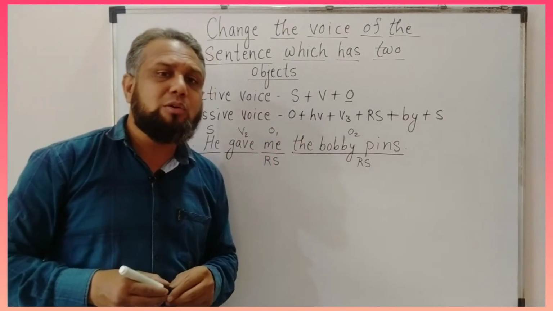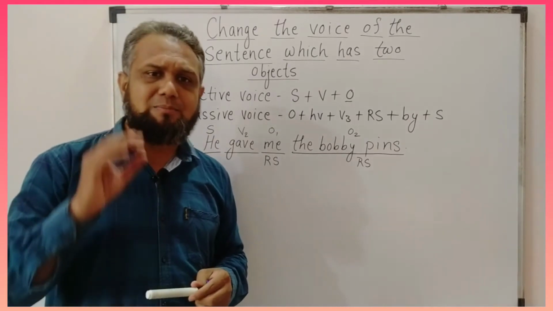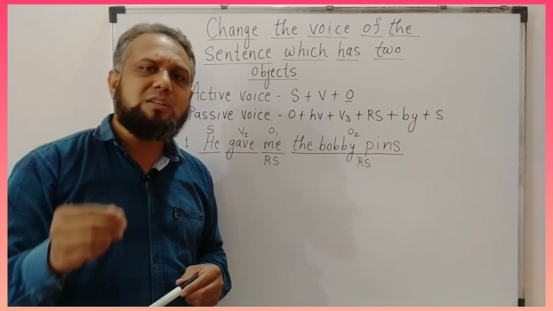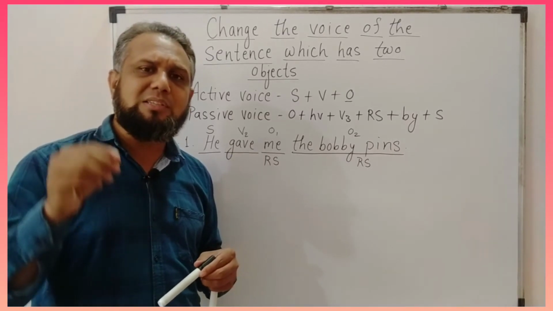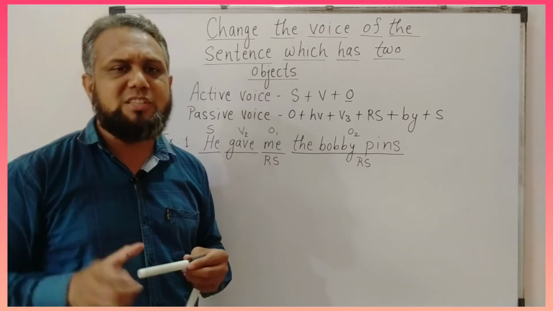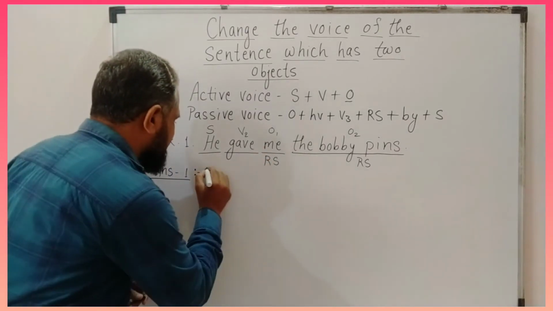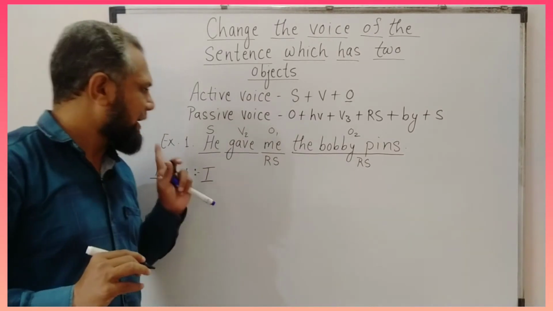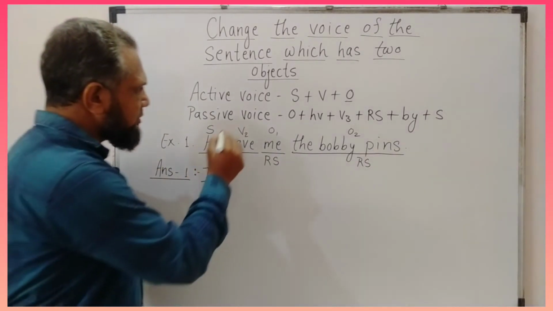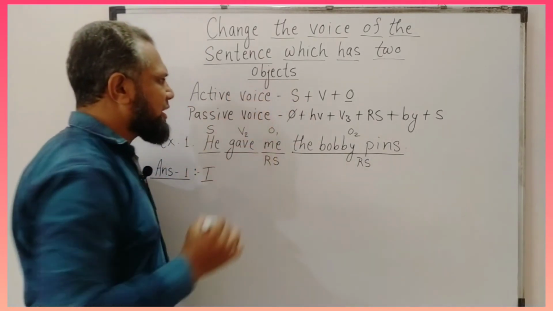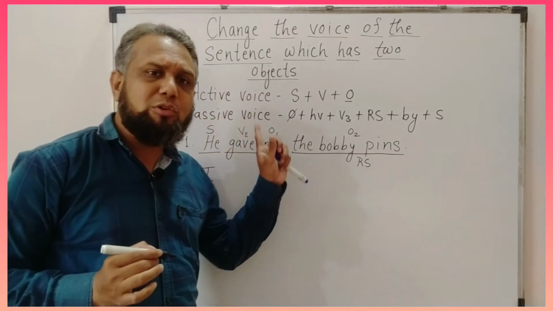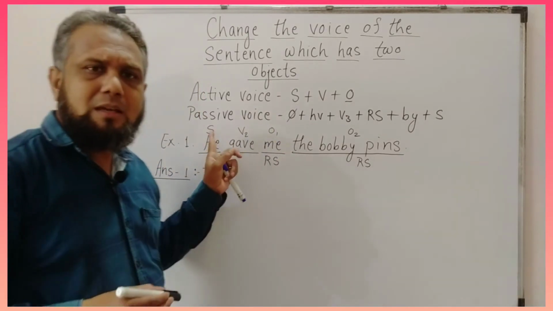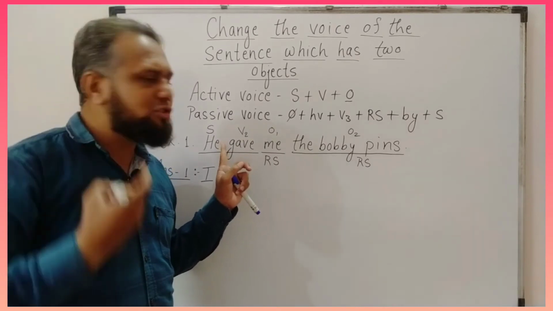In the previous video I have already told you that there are some pronouns which we have to change while we convert the sentence from active to passive voice. Now me becomes I. Okay. Now we have written this object. Now we have to use the helping verb. Now we have to identify the tense of the sentence.